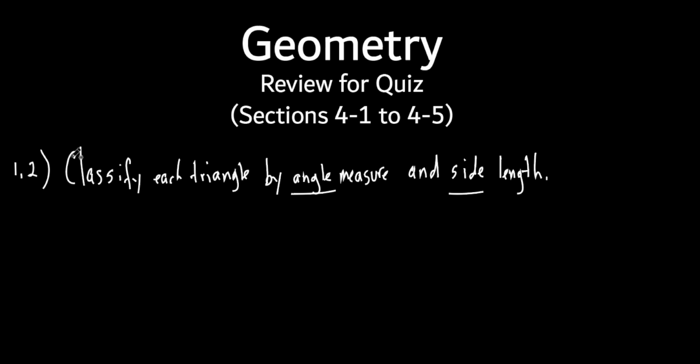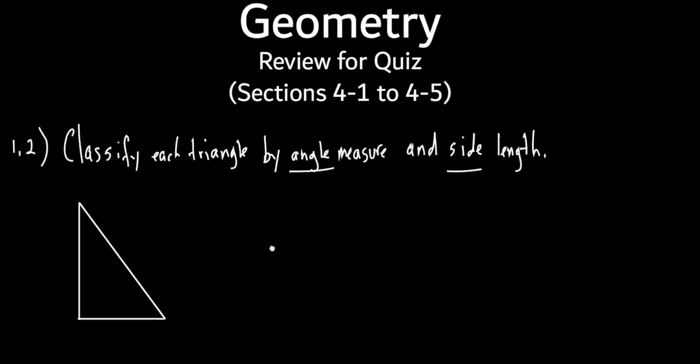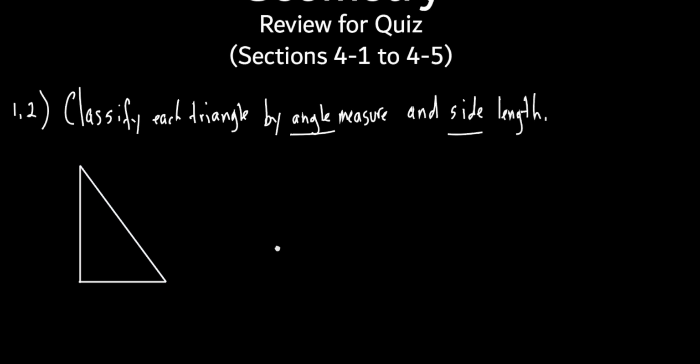All right, so let's put a triangle like this. Well, is it a right triangle the way it looks right now? Well, it looks like it, but does that mean it is?